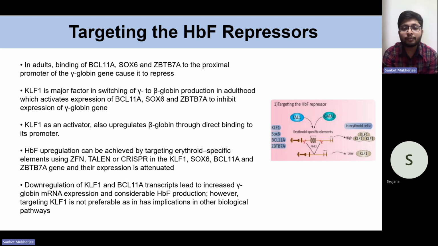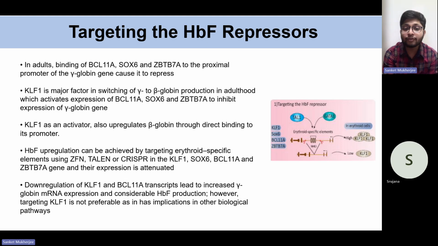Now, HbF upregulation can be achieved by targeting erythroid-specific elements using zinc finger nucleases, TALENs, or CRISPR in the KLF1, SOX6, BCL11A, and ZBTB7A genes, and their expression is attenuated. Downregulation of KLF1 and BCL11A transcripts leads to increased gamma globin mRNA expression and considerable fetal hemoglobin production.